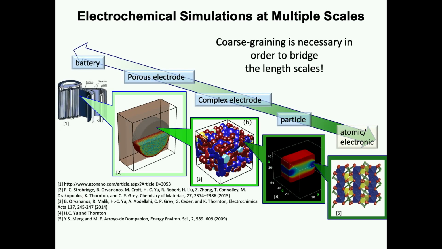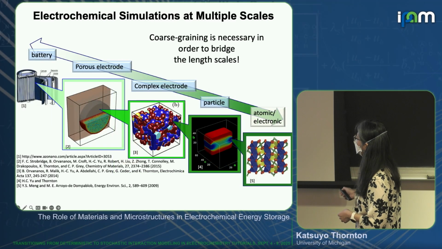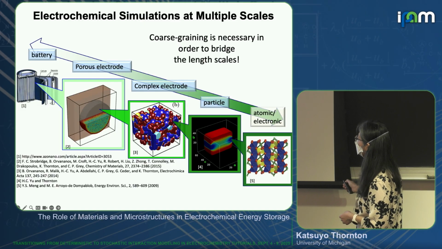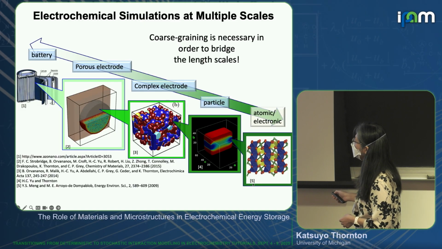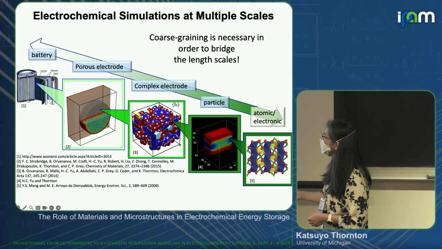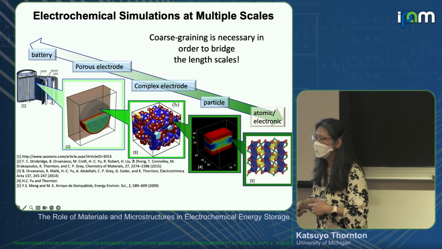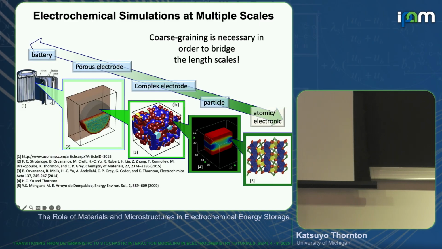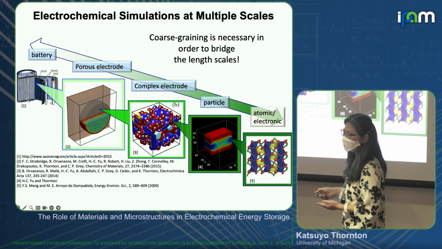So electrochemical simulation is really a multi-scale thing, right? I talked about how atomic level or electronic structure calculations can inform the particle level simulation, but what we really want to know is what happens to the battery, right?